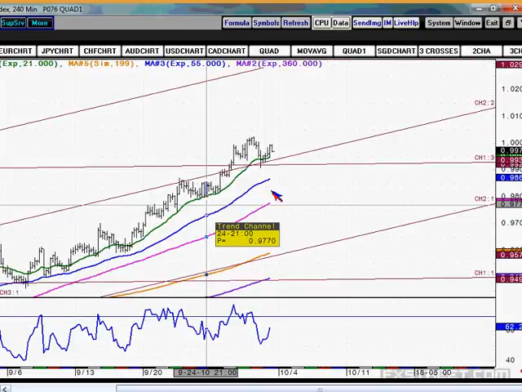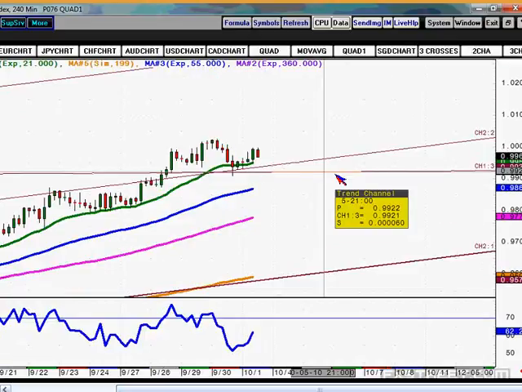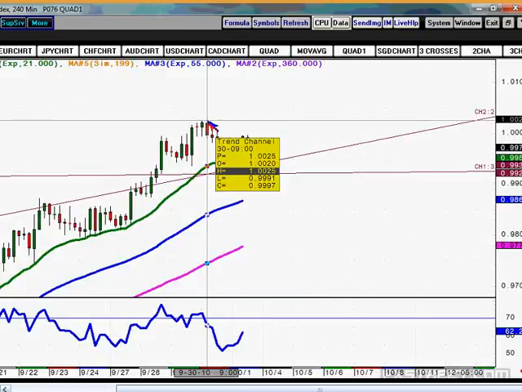Basically, if you ask me my view, it may have stopped, but we wouldn't know. We have to wait for the price to see whether it's breaking this high, which is 10025.